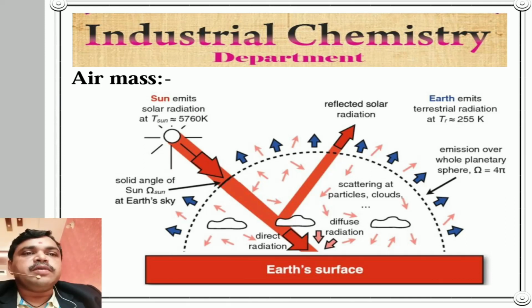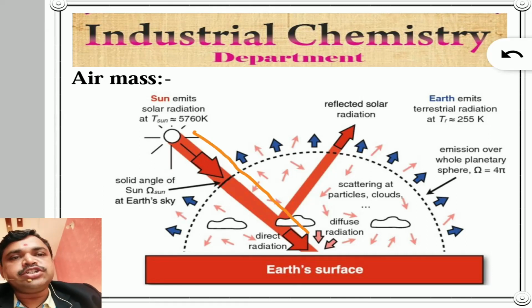We see here in the figure this radiation reaches the Earth's surface directly, with no change in direction. So it is direct radiation or beam radiation.